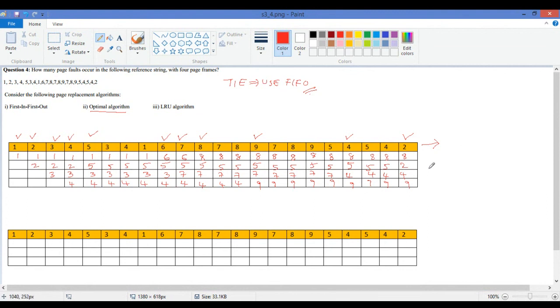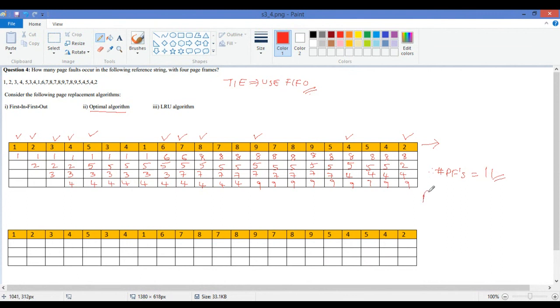Okay. So therefore, we can write the total number of page faults is equal to how much? Count the sticks: 1, 2, 3, 4, 5, 6, 7, 8, 9, 10, 11. You get 11 page faults.